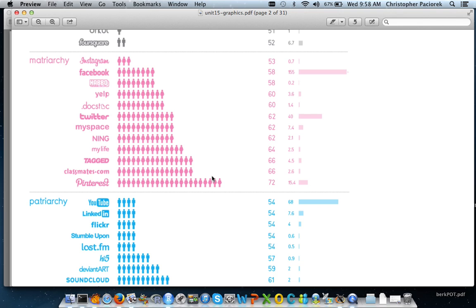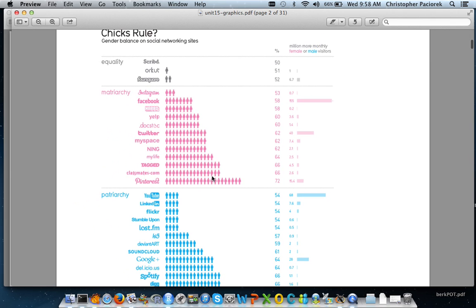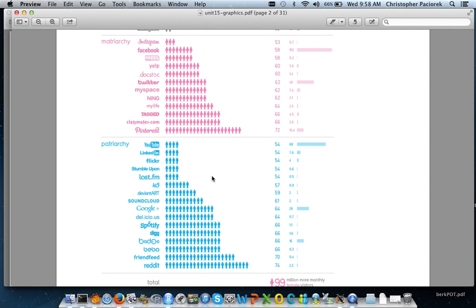Okay, so you're saying the 99 million difference is interesting and it's not obvious from the overall graph. And it seems largely skewed because Facebook is taking all the female visitors, whereas that's where the total is coming from. Right. So a lot, yeah.